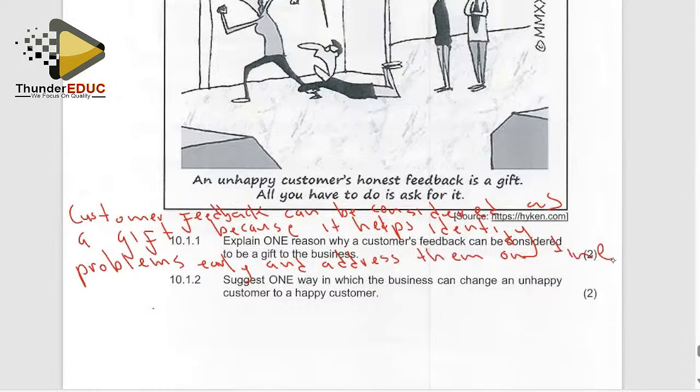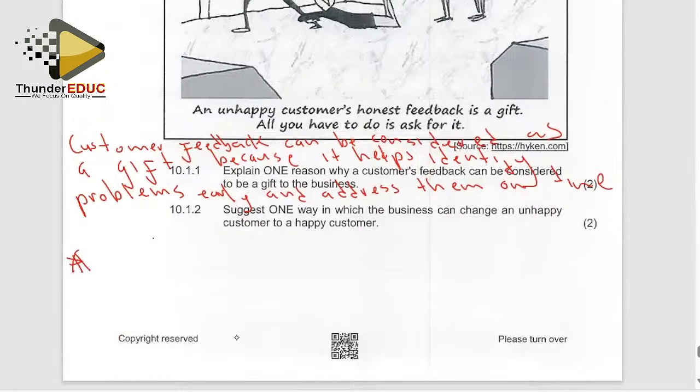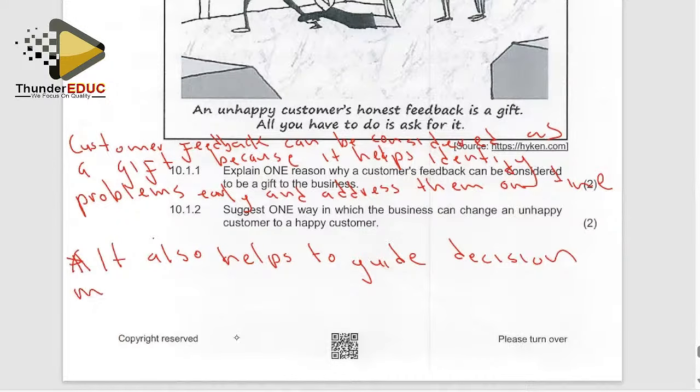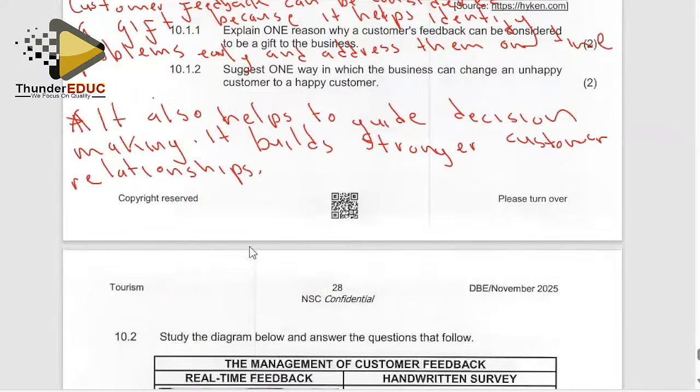So feedback enables you to identify the problems early and you solve them on time. Then it helps to guide decision making. Then it builds stronger customer relationships. So that is what happens there. It helps guide decision making, build stronger customer relationships.